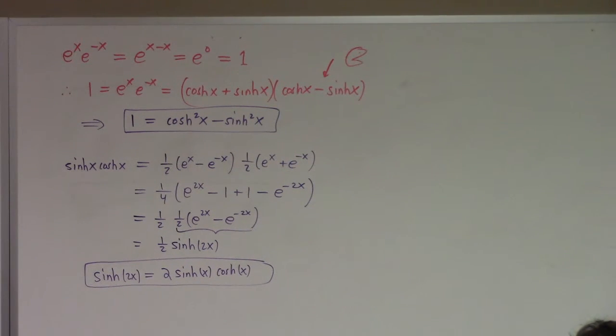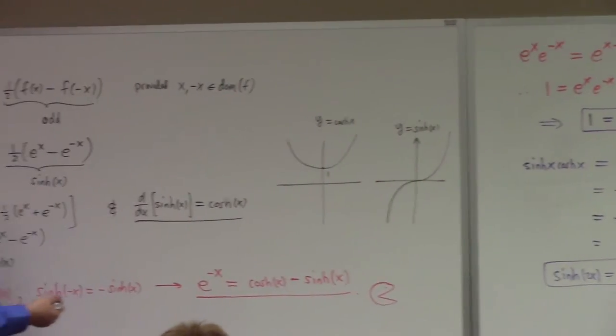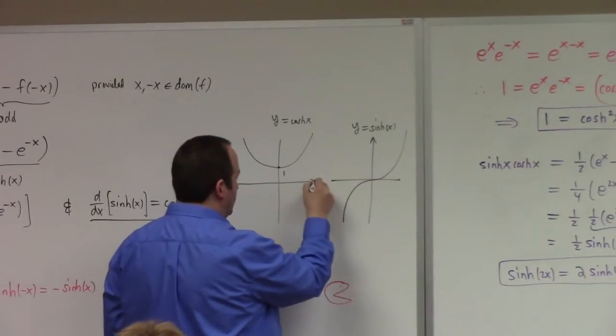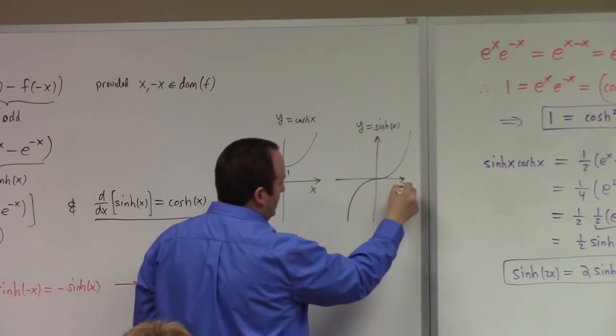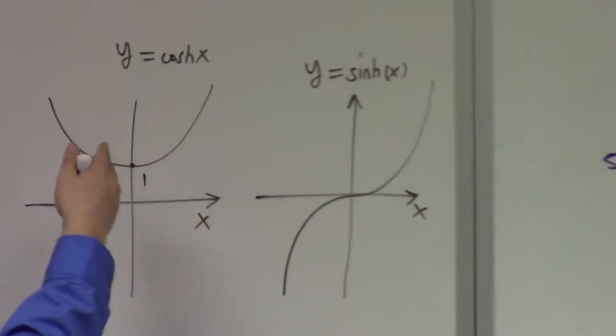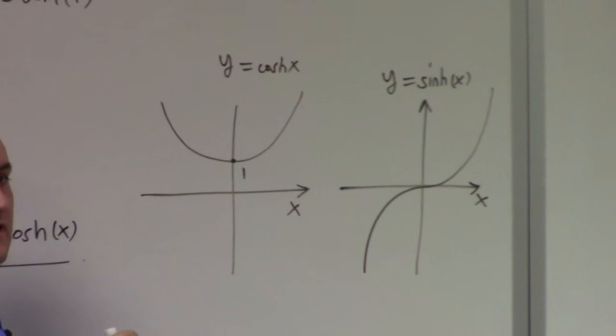So the smallest cosh is 1. I could prove this, but I'm a little bit short on time today, so I'll just tell you. Cosh x is greater than or equal to 1, so cosh is positive.